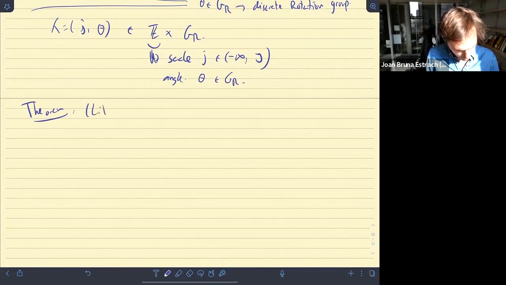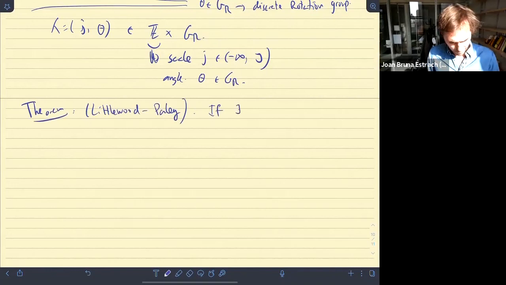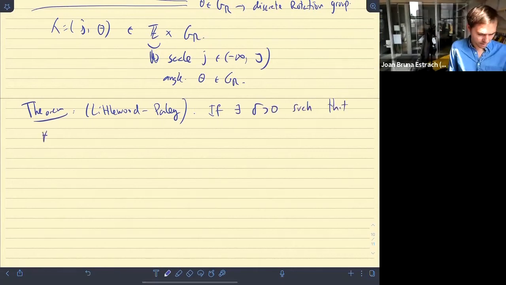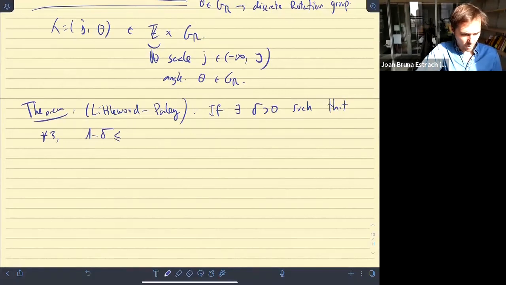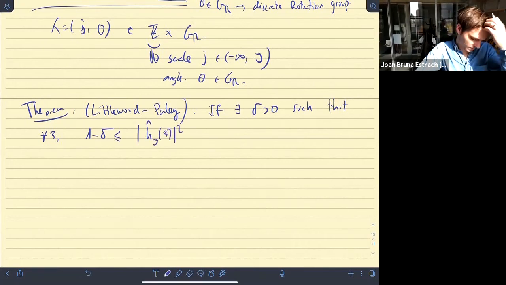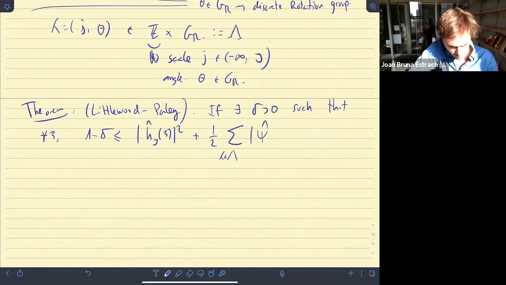Okay, so this is a theorem by Littlewood-Paley that says that if there exists delta that is bigger than 0, such that for every frequency we have the following: 1 minus delta is smaller than the absolute value of the Fourier transform of psi squared plus 1/2 the sum over this, let's call this lambda for the domain, of the Fourier transform of the mother wavelet evaluated at all these possible locations.